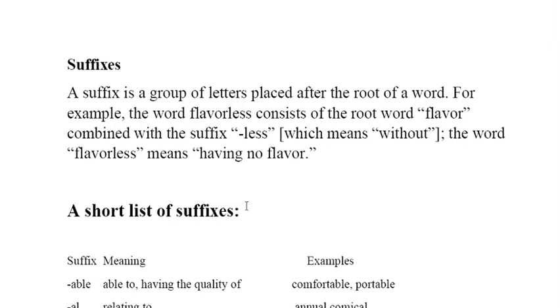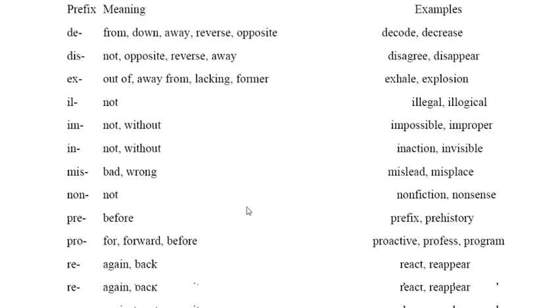Sometimes if we add a suffix, the word can become a noun, then the word can be an adverb. So we'll see different formations of the words. And whenever we add a prefix before any word, their meaning can be changed, and their formation also can be changed. So let's see what are the common prefixes and what are the common suffixes.